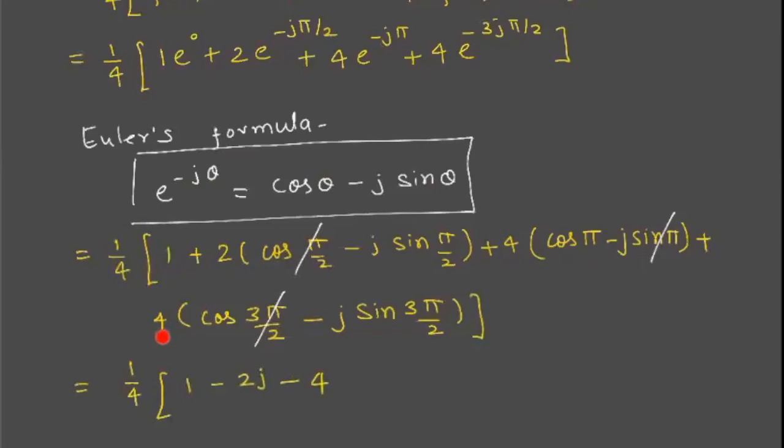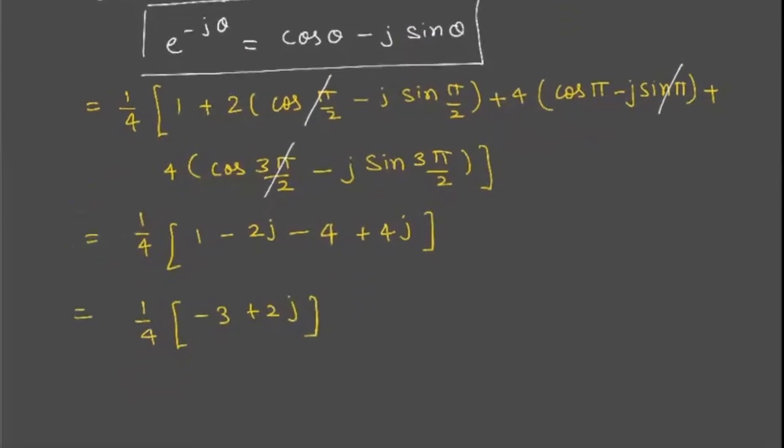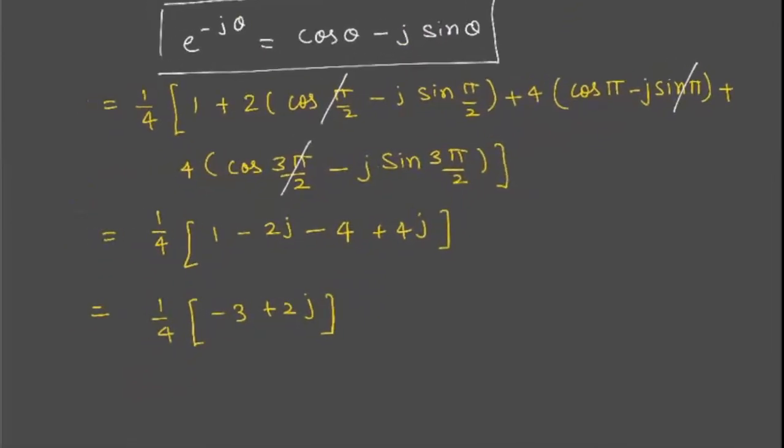And here it will be 4 times minus j sine of 270. Sine of 270 is again minus 1, so it will become plus 4j. So we can write 1 by 4 times minus 3 plus 2j. And this is our which term? F of 1. Okay.